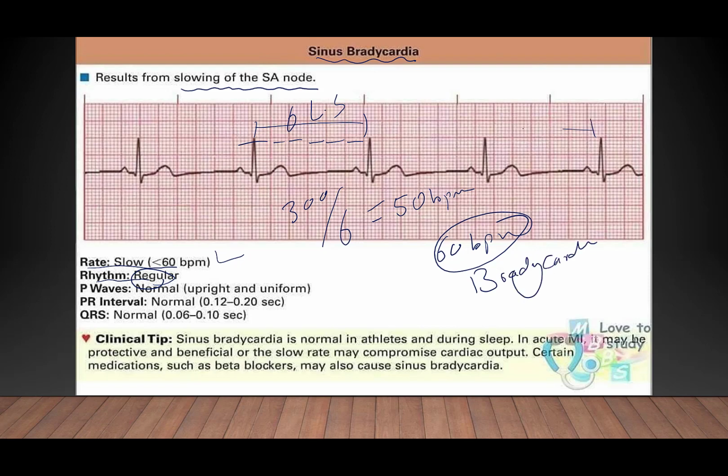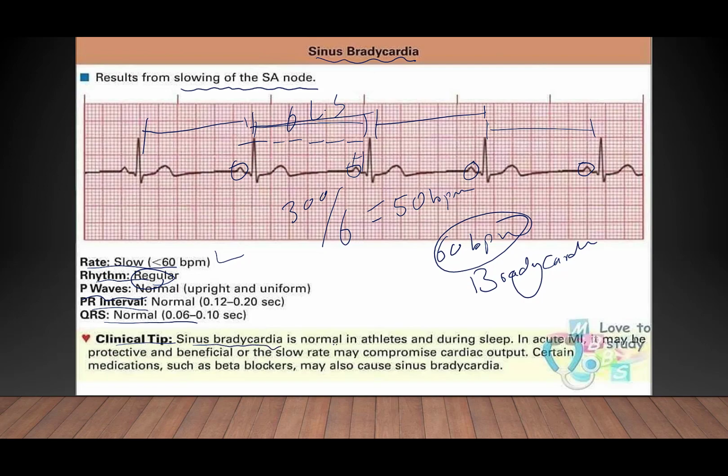But it's regular in rhythm. Yes, it's regular. Here we have P waves also. The P wave is present, normal, and regular. PR interval is normal also. QRS is normal. Here we have a clinical tip.